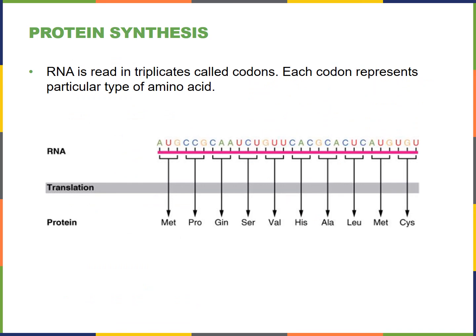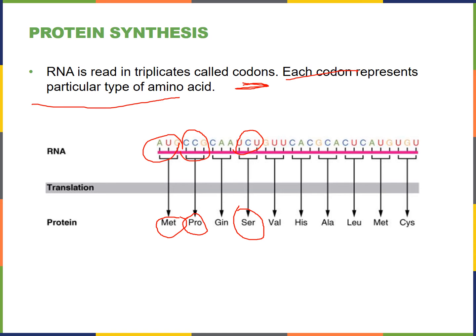RNA is read in triplets called codons. Each codon represents a particular type of amino acid. As you can see, these 3 letters code for a specific amino acid. For example, CCG for proline, UCU for serine, GUU for valine, and so forth.